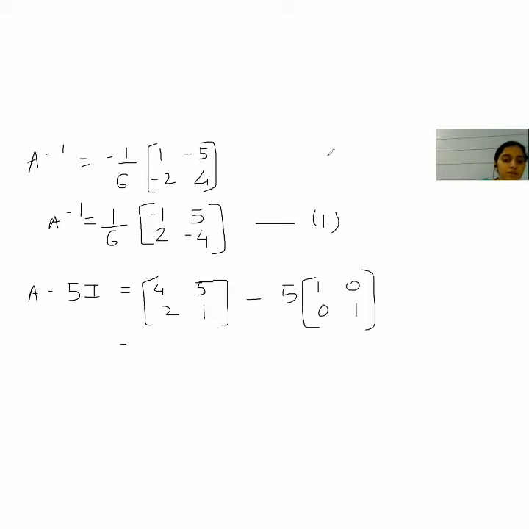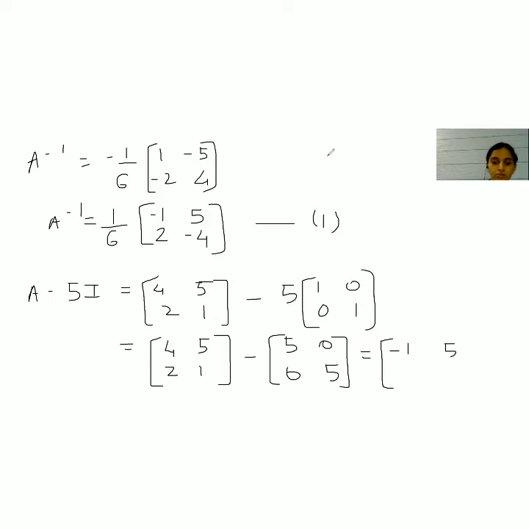So it is 4, 5, 2 and 1 minus 5, 0, 0 and 5. You have to do the subtraction of these two. This will be 4 minus 5 is minus 1, 5 minus 0 is 5, 2 minus 0 is 2, and 1 minus 5 is minus 4. So A minus 5I is minus 1, 5, 2 and minus 4. I'm calling this equation 2.